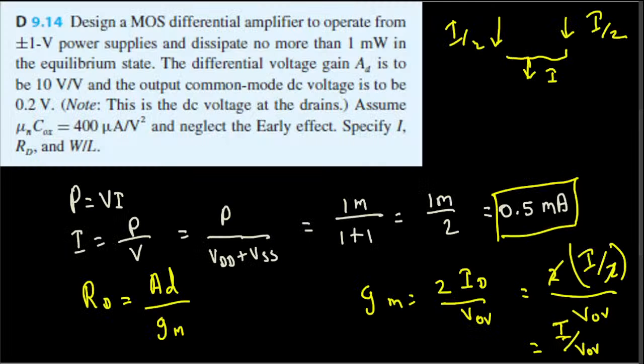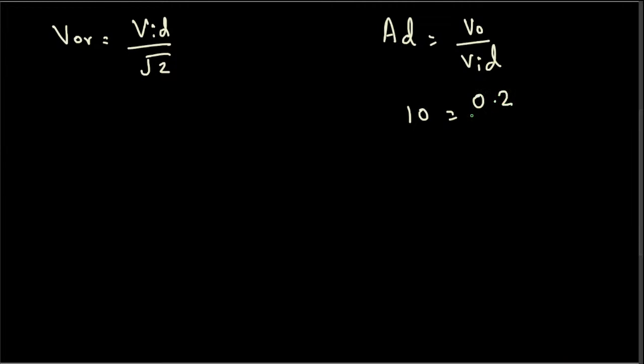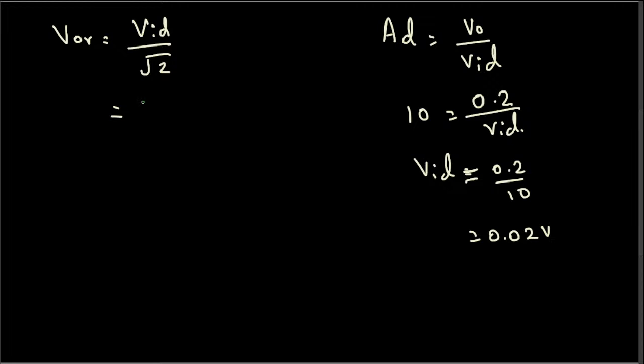V output is provided: the output common mode DC voltage is 0.2 volts. So 0.2 divided by VID is 10, and rearranging, VID is equal to 0.2 divided by 10, which is 0.02 volts. Now we can find the V overdrive: 0.02 divided by square root of 2 gives 14.14 millivolts.